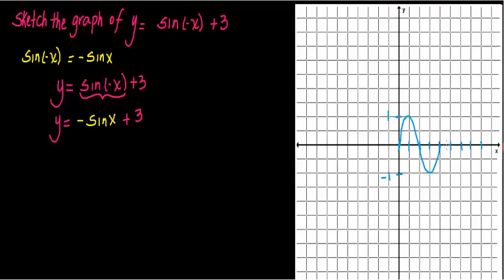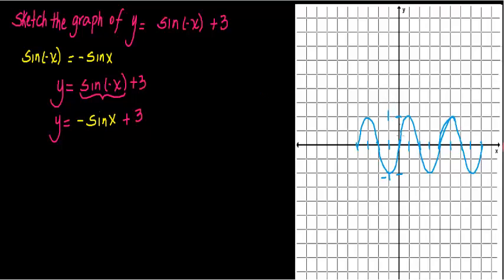1, 2, 3, 4. And there you have it, and then you can do the same thing on this side. You get the idea. Okay, that's my normal sine function. This negative outside says reflect the function across the x-axis.